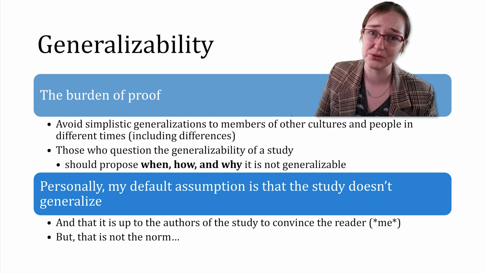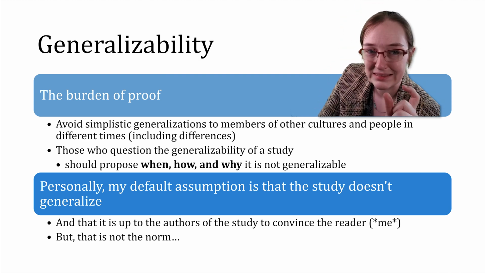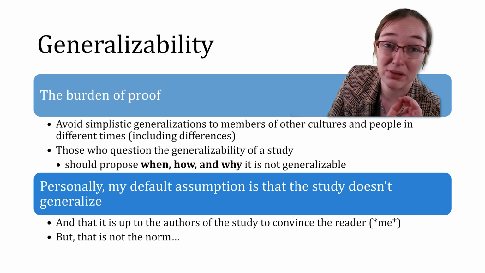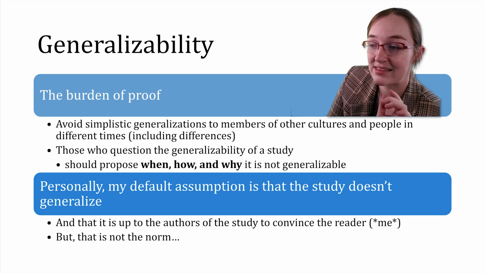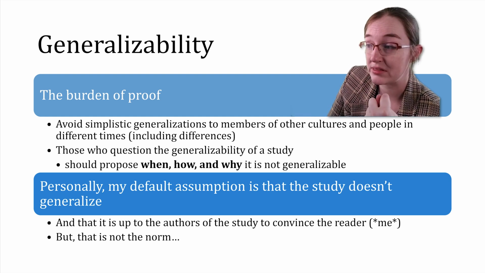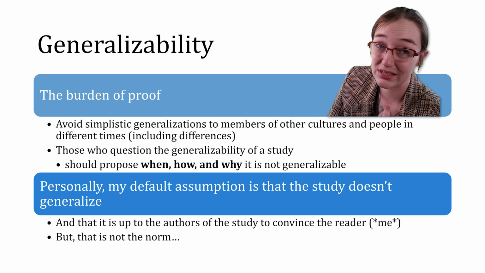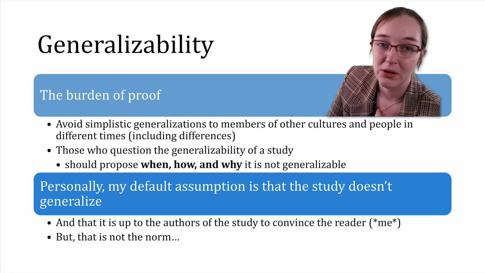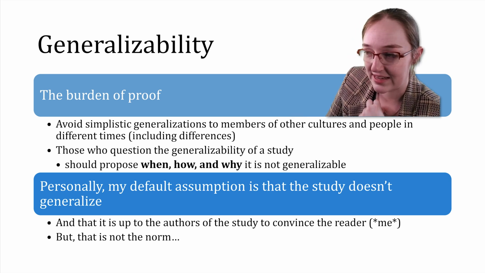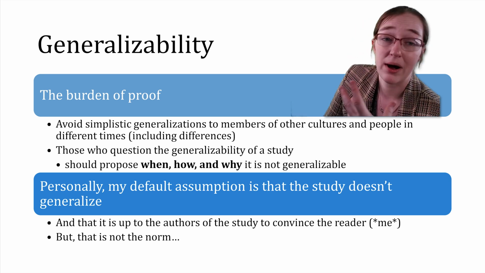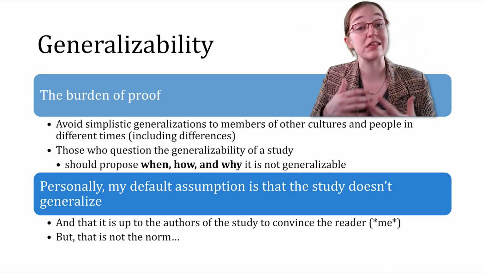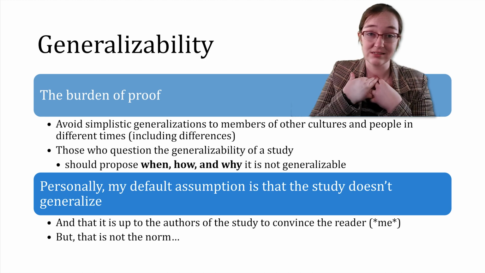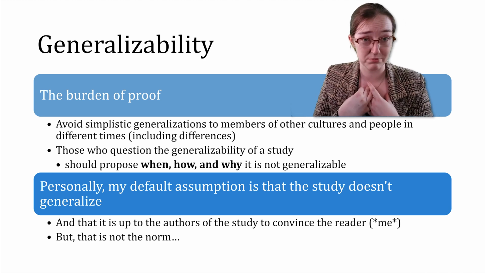Personally, I really do not like that little caveat on how many people approach generalizability. I think that the burden of proof should be on the study itself. I personally believe that we should not assume that a study will generalize, because often that is an implicit assumption. So I take the approach that it's up to the authors to convince me, the reader, that the study does generalize beyond their sample.